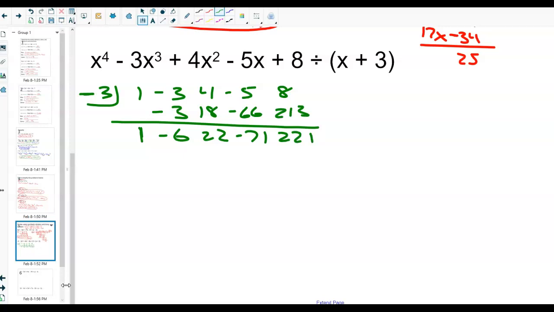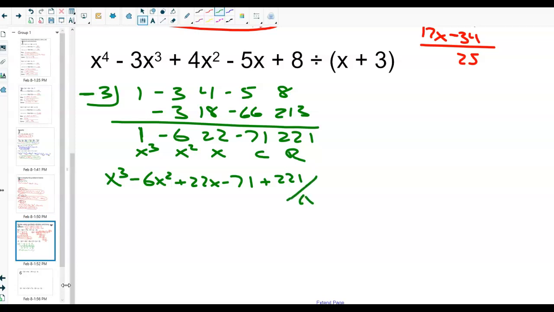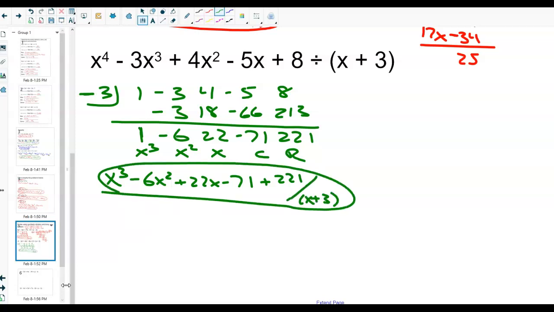Absolutely. It does happen, actually more than you probably like it to. Okay? But with that being said, you also have a calculator, so who cares? Remainder, constant, x squared, x cubed. So my answer, x cubed minus 6x squared plus 22x minus 71 plus 221 over x plus 3. You do have to write the answer in that form.